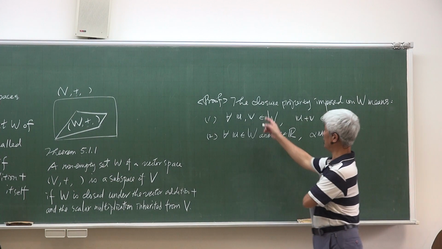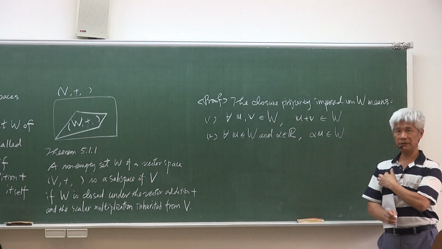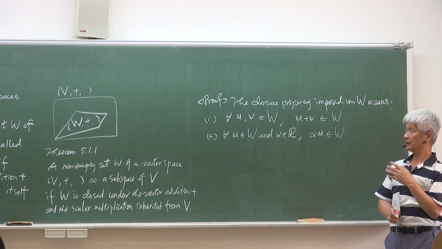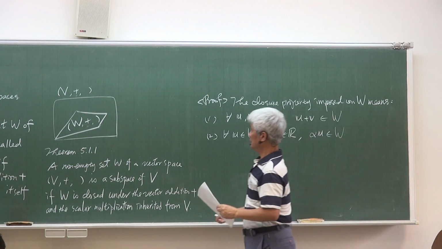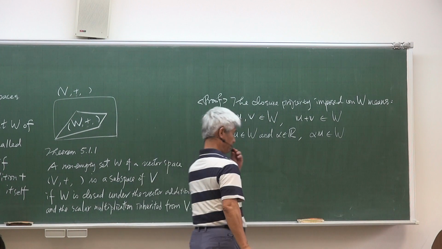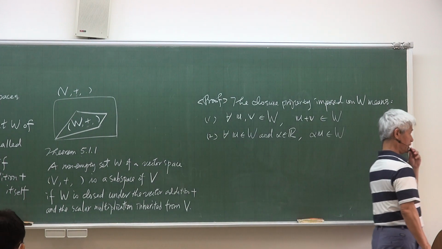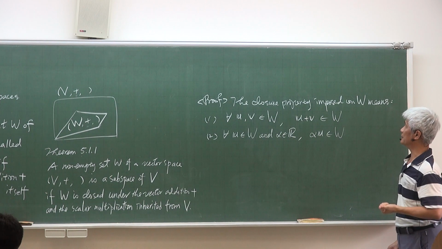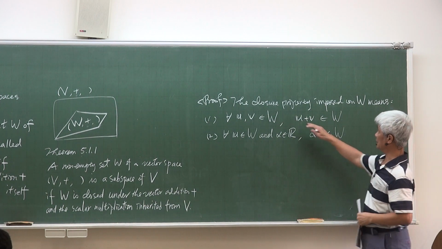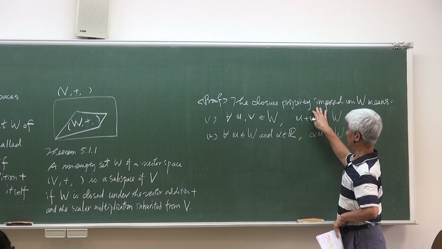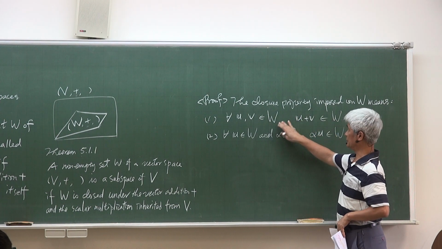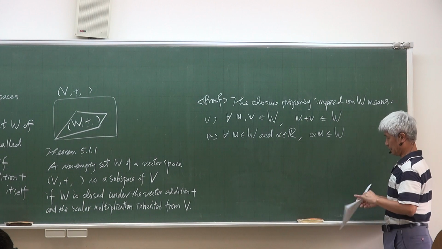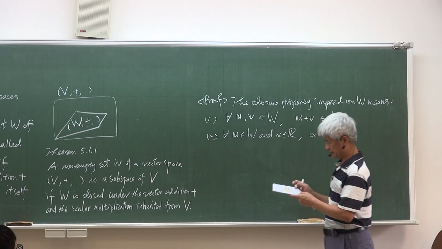Right? So suppose we have this closure property. That is the basic, right? To show a set of vectors to be a vector space, you have to show that the closure property of vector addition and scalar multiplication should be true on W. So that's basic.